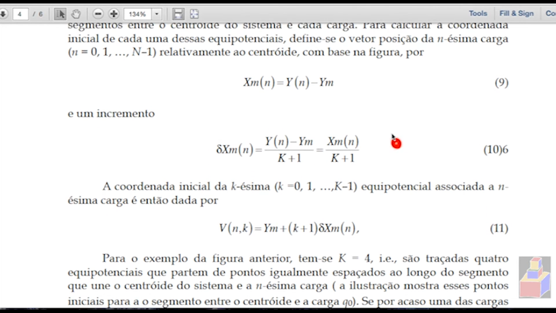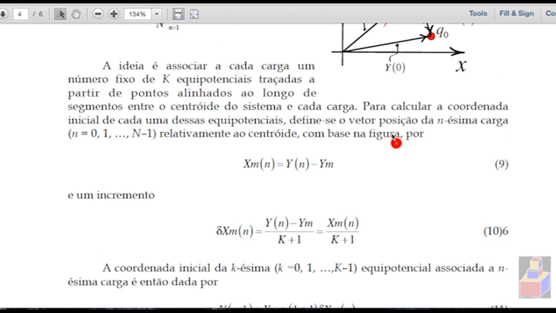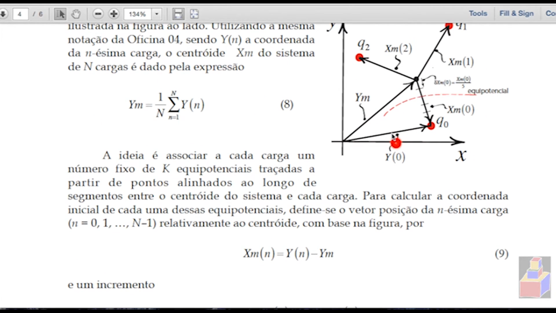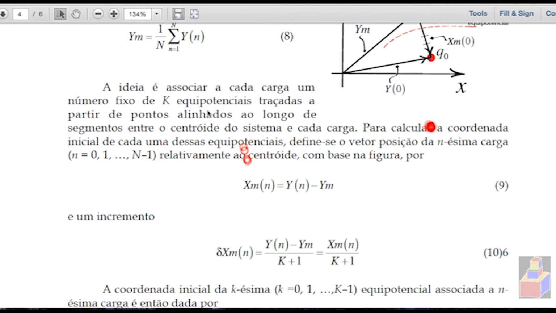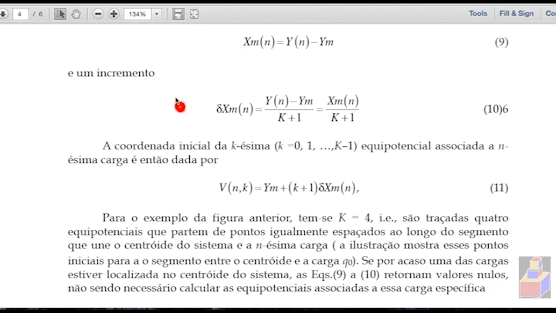Then you can calculate each initial coordinate in a very methodological and simple way. K equals 0 is this one, K equals 1 is this one, K equals 2, K equals 3, and so forth. So you define K values of initial coordinates. These are the equations for a given charge M for a given point in the line between that charge and the centroid of the system.